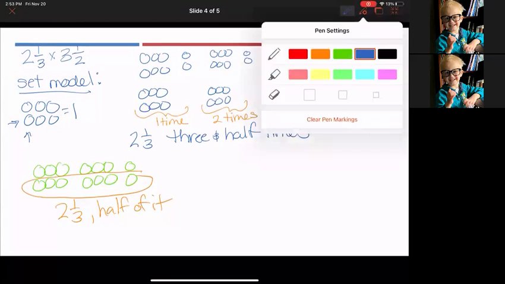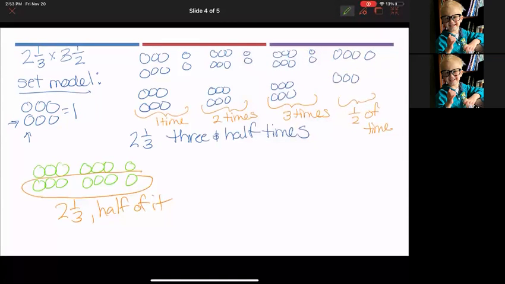So now we can start to count. These are all of our dots, and we're like, all right, what in the world is going on? We can see that this is 1 whole, 2 wholes, 3 wholes, 4 wholes, 5, 6, 7. So we have 7 wholes. And now we have 1/3, 2/3, 3/3, plus 3/3, and then plus, what is this little guy? 1/6.